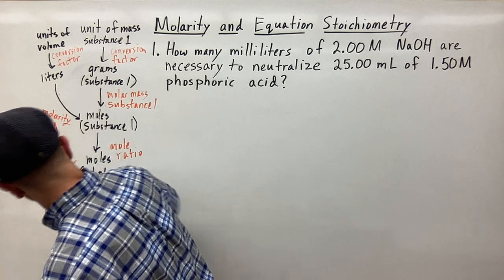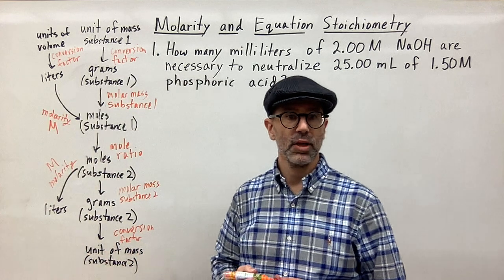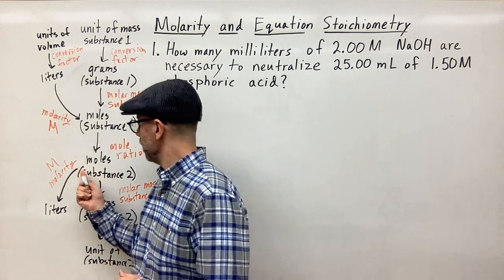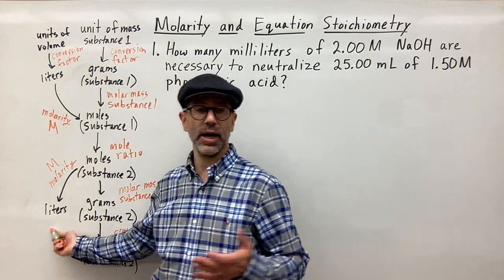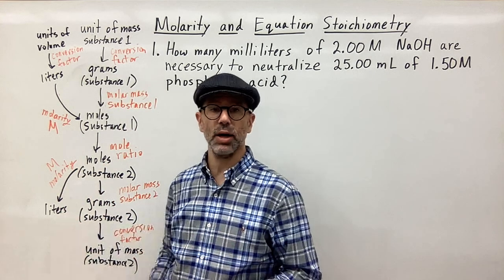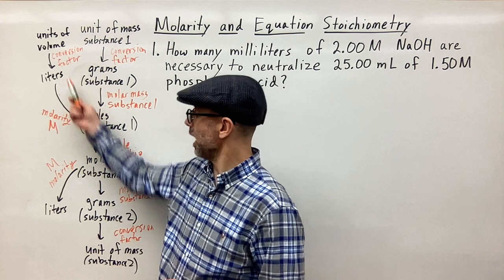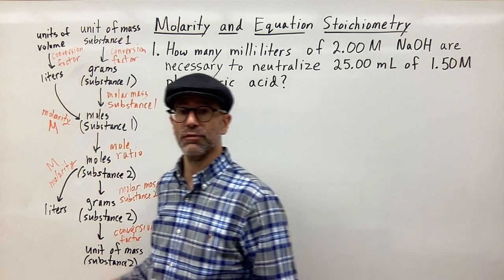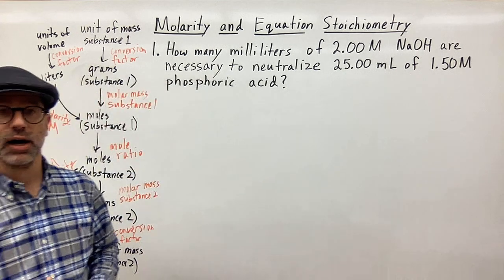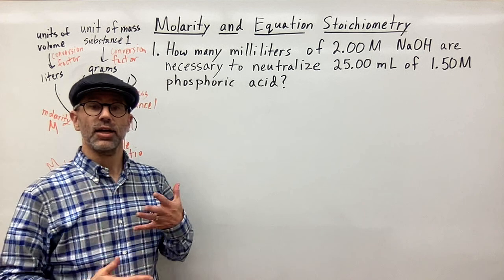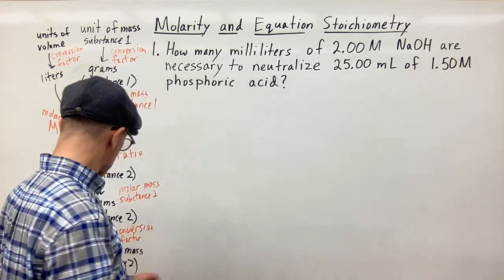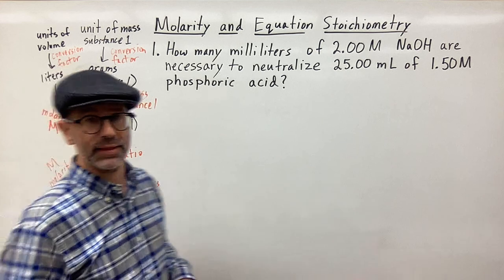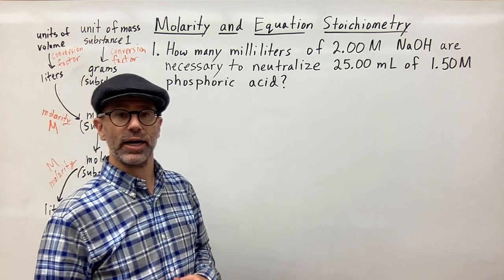So I can use molarity again to convert moles to liters of my solution, and then from there I can go to milliliters if they want milliliters. So we're using a different conversion factor in order to do the stoichiometry that we need to do. Okay, now that I've got that out of the way, let's go ahead and work on this problem.